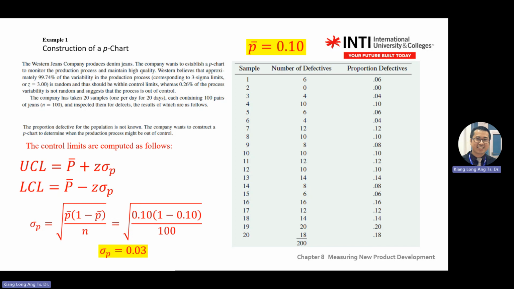And to build this one, you need to calculate the proportional defect, not percentage. Proportional defect is the defect divided by the total number of sample.